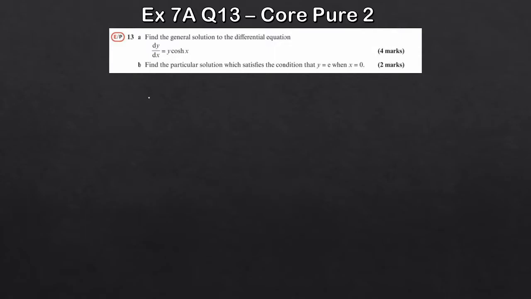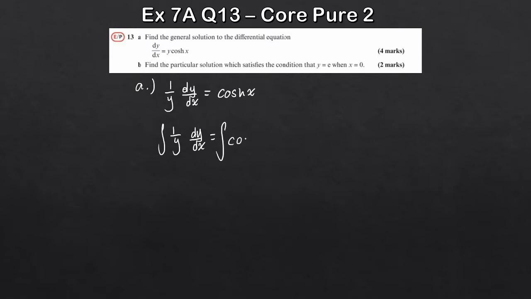So all I've actually got to do is split the variables here. Because there's a y cos x here, if I divide through by the y, so part A, this will be 1 over y dy dx, and that's going to be equal to cos x. Now if I integrate both sides, the integral of 1 over y dy dx is equal to the integral of cos x dx.